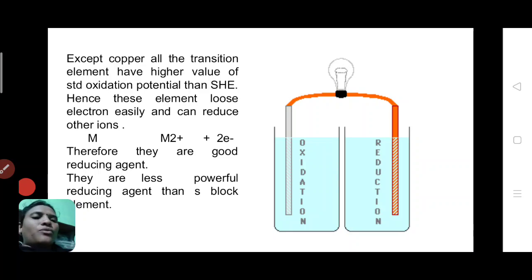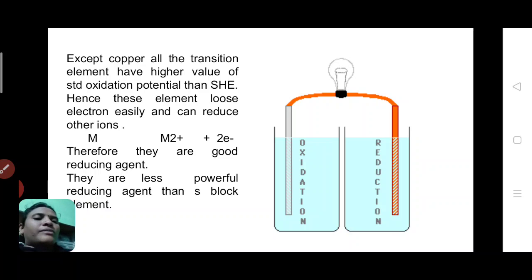So this is overall about the reducing agent and oxidizing agent properties of d block elements. We have also discussed oxidation state. What is oxidation state? Oxidation state is the charge acquired by any central atom after loss of electrons.